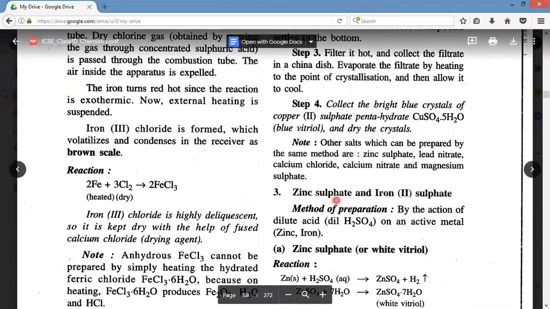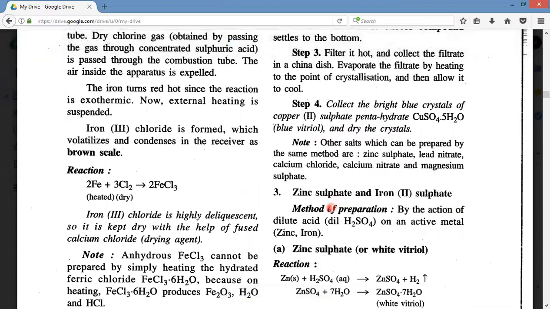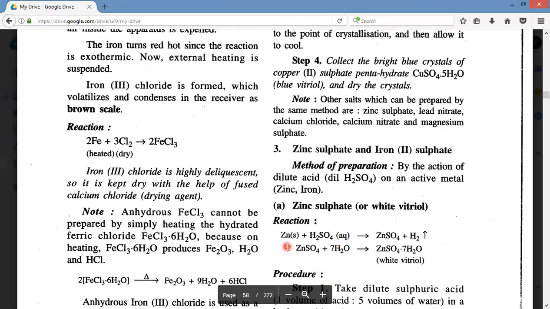Zinc sulfate is prepared with the help of a metal, that is zinc. Why? Because zinc is a very active metal. When you treat it with sulfuric acid, you can check from the reaction, it gives zinc sulfate with hydrogen gas.